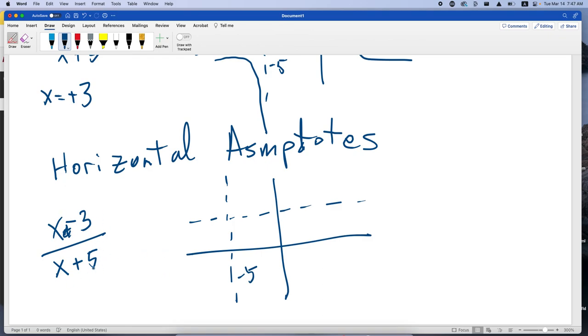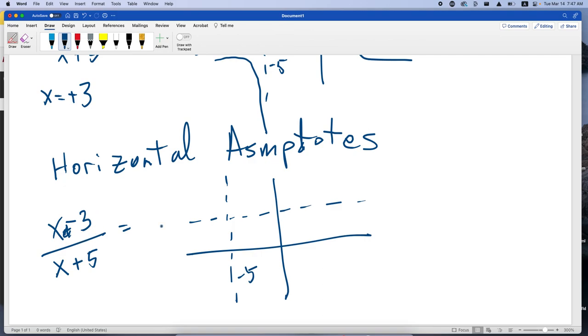But what happens with horizontal asymptotes is what's going to happen in the long run. Whenever we have a rational function, what's going to be the big part? So as x is getting really big, say 1,000,000, is -3 a very important number in consideration of 1,000,000? 1,000,000 minus 3 is still pretty close to 1,000,000, right? 1,000,000 plus 5, still pretty close to 1,000,000.